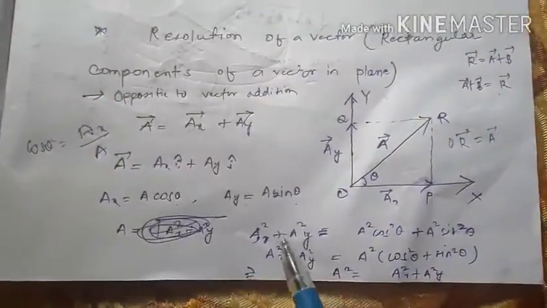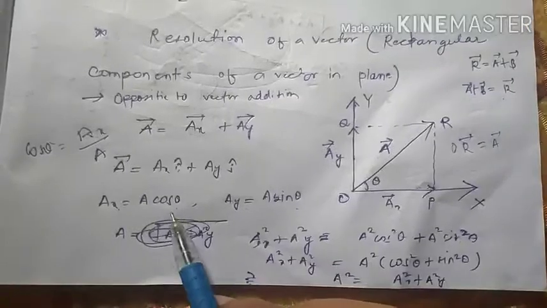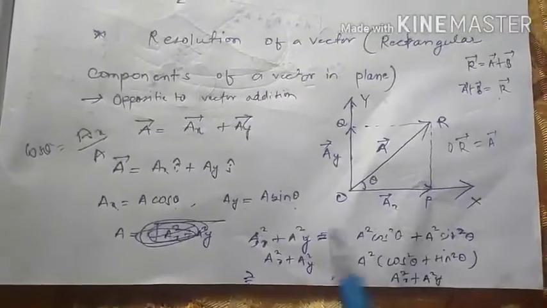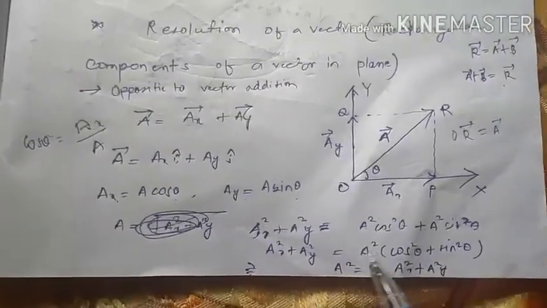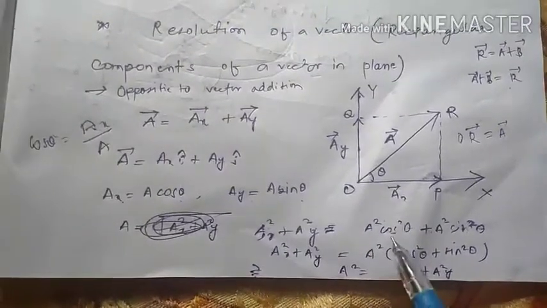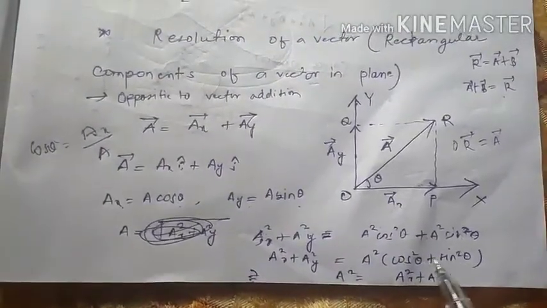If we square these and add, ax squared plus ay squared equals a squared cos squared theta plus a squared sin squared theta. Taking a squared common, we get cos squared theta plus sin squared theta, which is equal to 1.